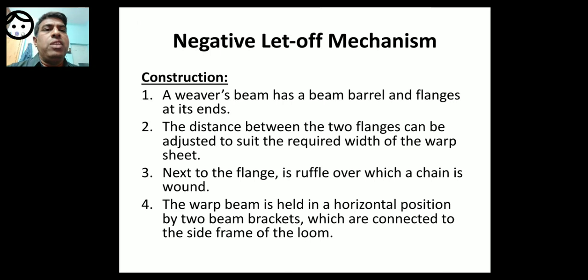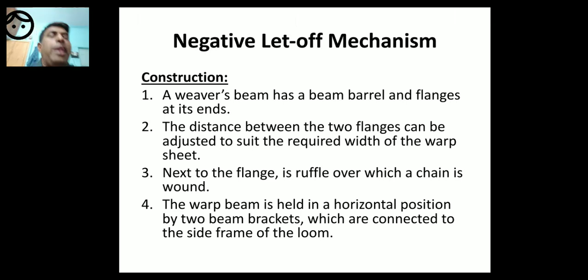So the distance between the two flanges can be adjusted so that the width of the warp sheet can be increased or decreased. The width of the warp sheet is the distance between the two flanges.